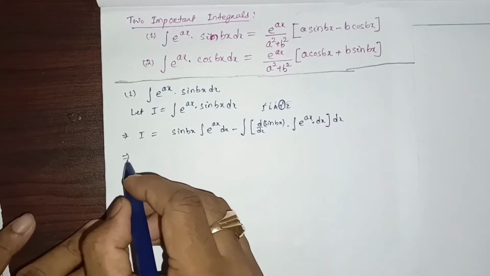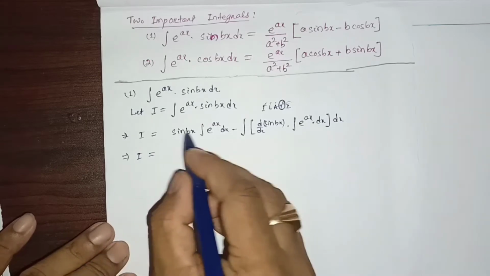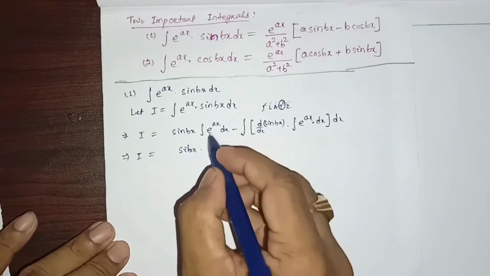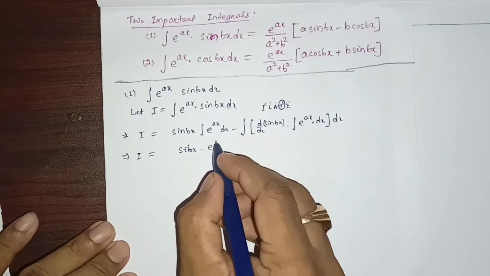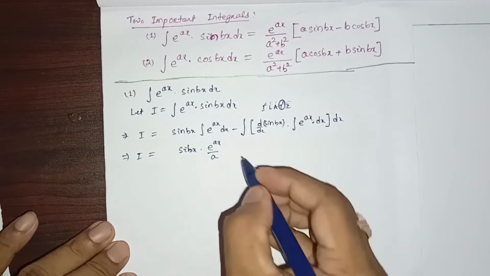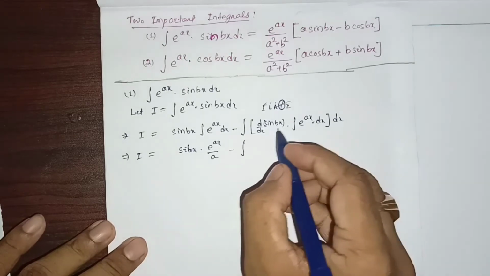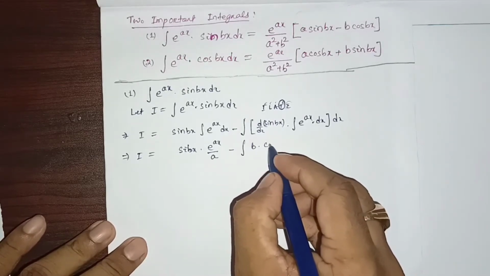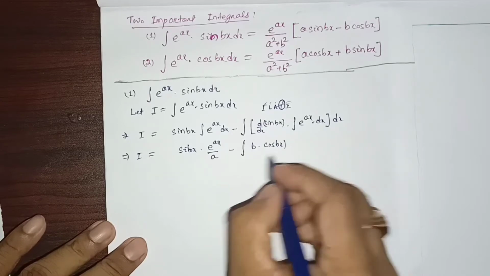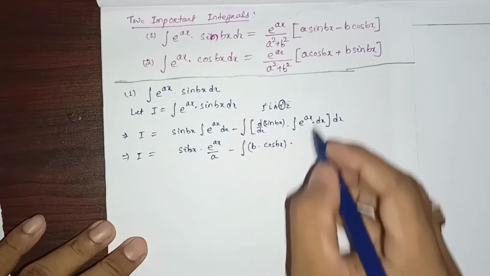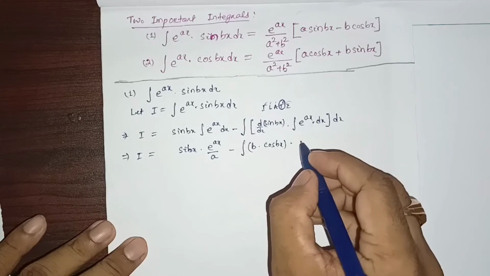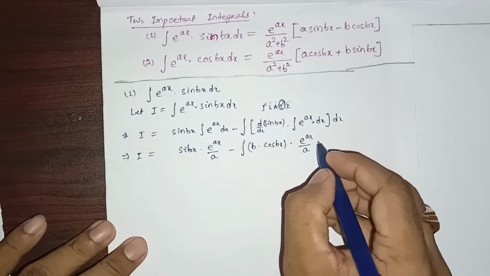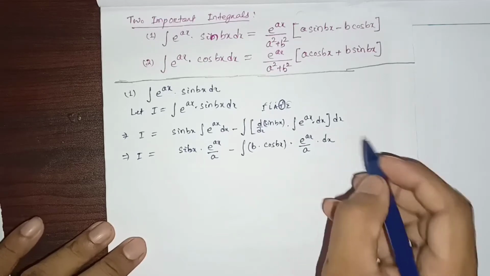So that implies I will be equal to sin bx, integration of e to the power ax will be e to the power ax by a, minus integration of the derivative of sin bx, which is nothing but b cos bx, into integration of e to the power ax, that will be e to the power ax by a, into dx.